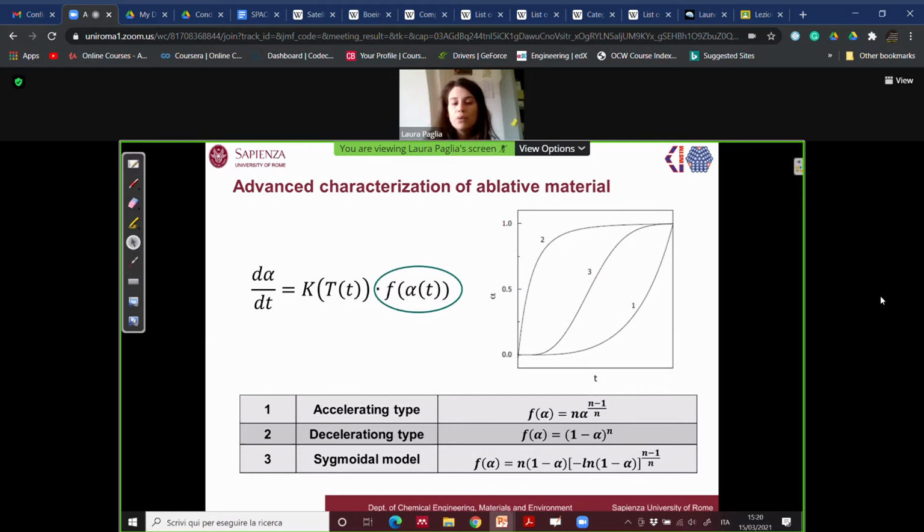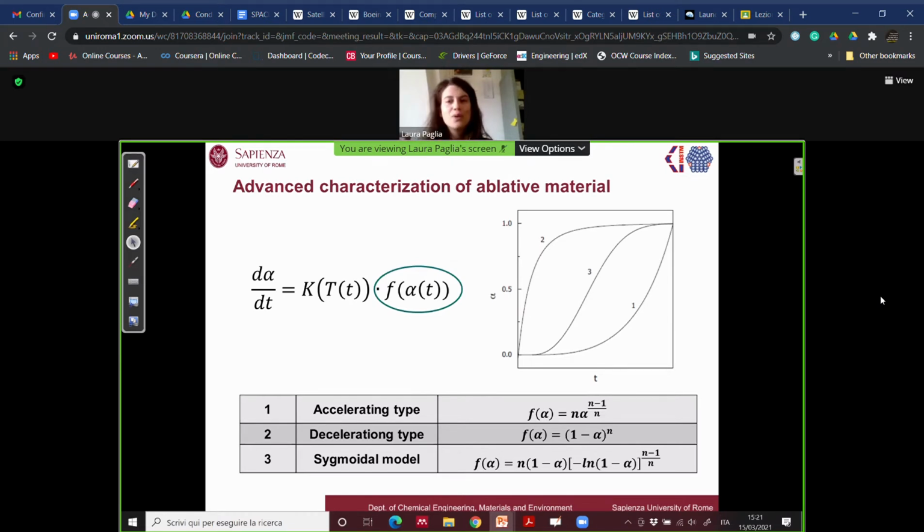Excuse me, Professor. Yes. Should we choose one of them, or based on our reaction, we choose one of them? I mean, when we want to find d alpha over dt, we should have this f of alpha. How should we understand which one is proper for our reaction? Okay, we can choose the right equation according to experimental values.